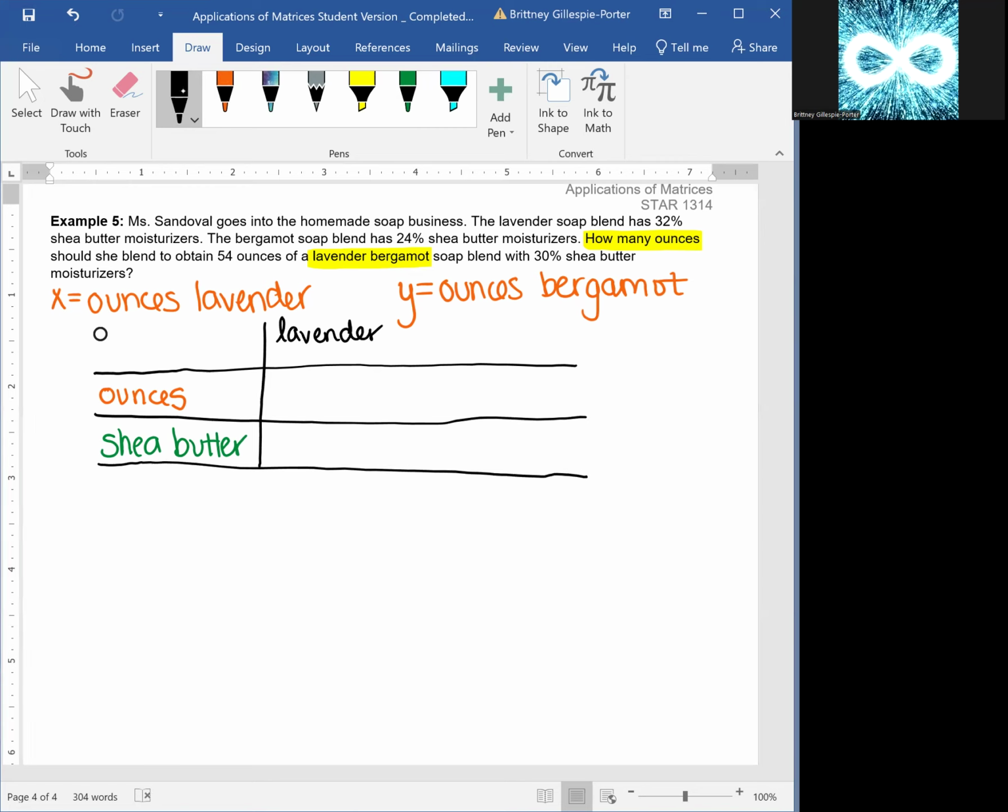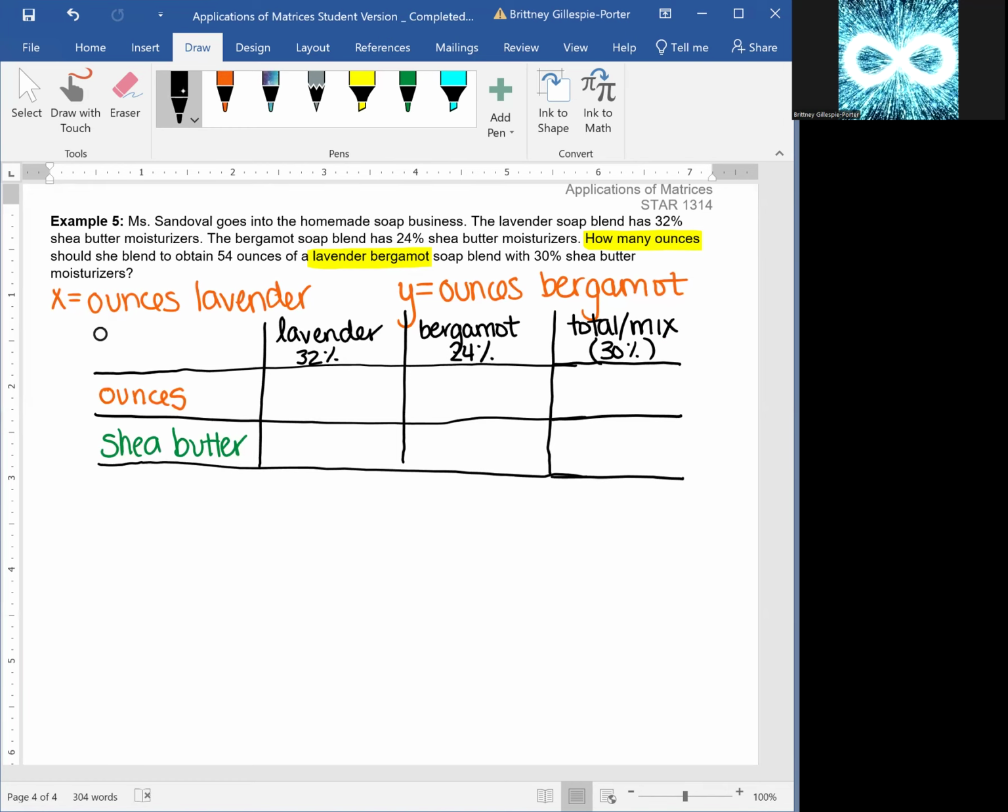And I'm just going to make a note that it is 32% shea butter. We're going to have our bergamot soap, and that one was 24% shea butter. And then our last column is going to be our mixture column or our total. And we want to get to 30%.